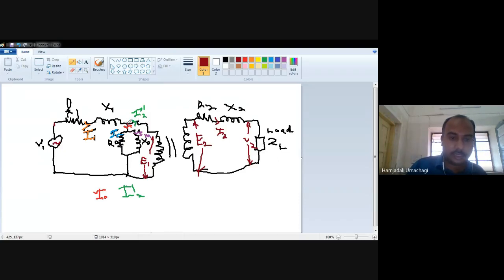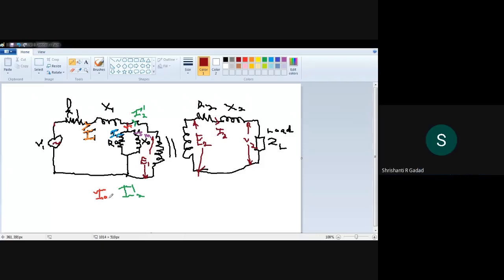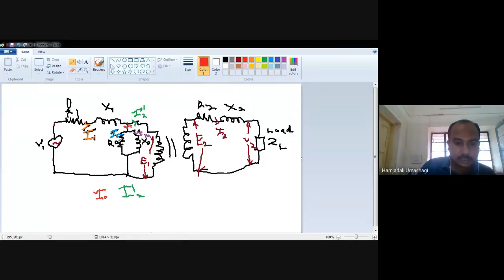I1 is splitting into two components: this green color component and this red color component. What is this red color component I have shown here? It is denoted as I0. What is this I0? No load current. Right. So this is my no load current I0 flowing here.